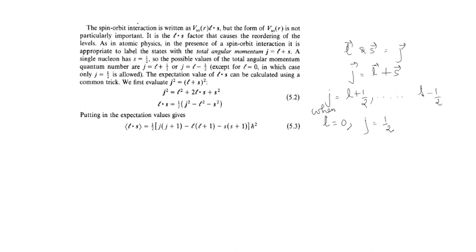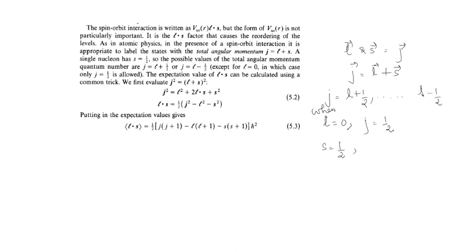But for other L values, J can take values from L plus half to L minus half, where each value differs by 1. If you remember the case of atomic spectra, where you considered one electron systems, S is equal to half.